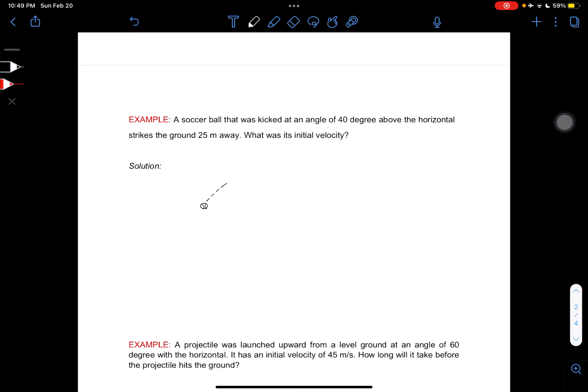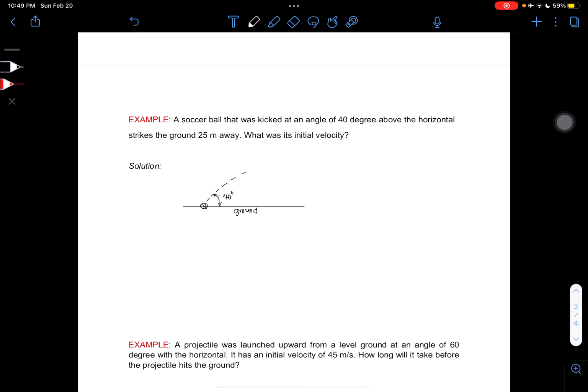So therefore we draw our ground. So we have here our ground. The angle is 40 degrees above the horizontal.